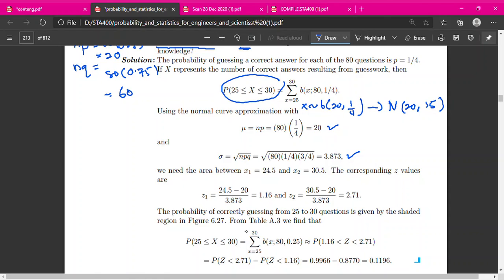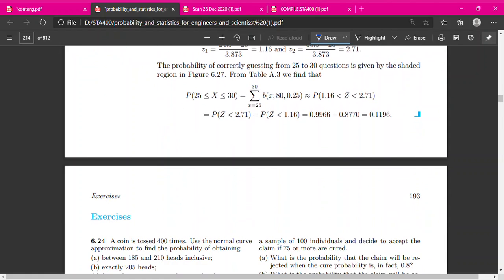Saya buat kat sini lah, boleh tak? Sebab saya perlukan panjang sikit. So it will be 25 minus 0.5, minus dengan 20, divide dengan square root of 15. Okay.